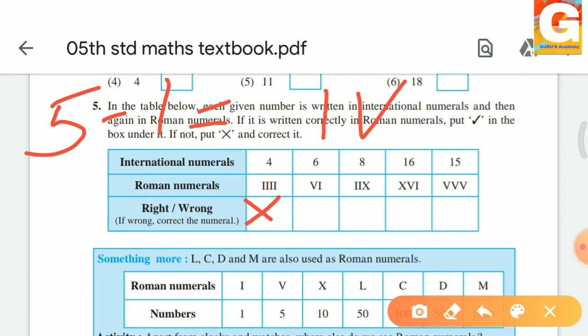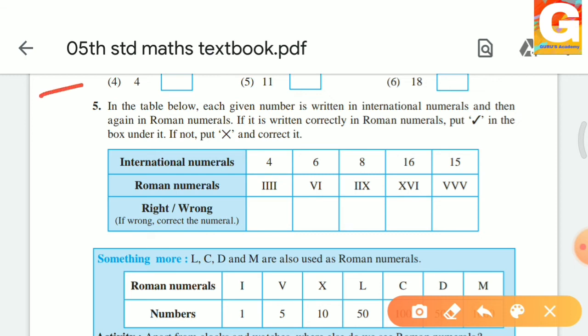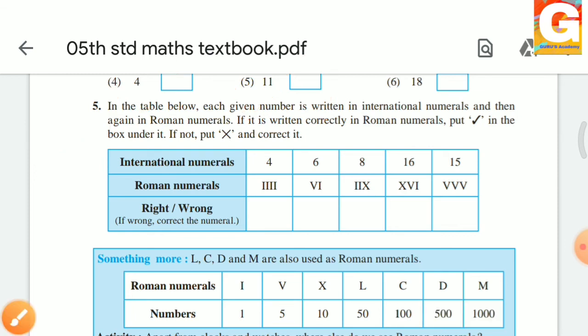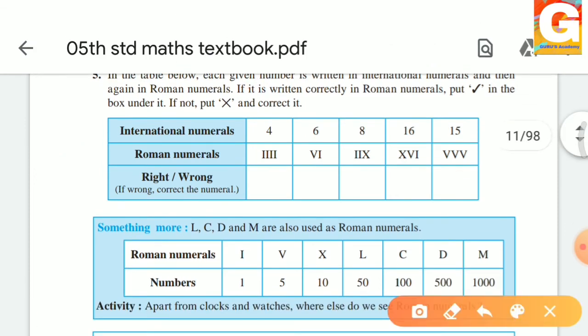Now what is the next number? Next is number 6. 6 means what? 5 plus 1. That means you have to write after 5. So this is your 1 to your right hand side. That means what they have given is correct. You'll put your tick mark.